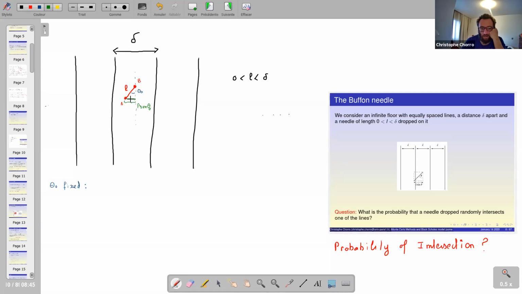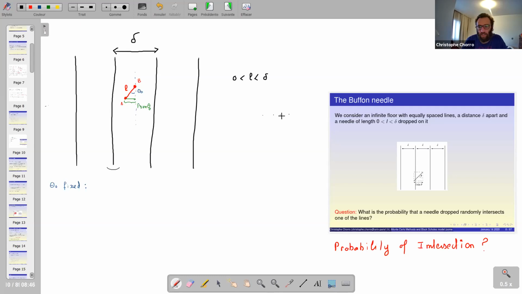Since my floor is infinite, the problem of the intersection in this situation can be reduced to the problem of the intersection of this line with the needle, because you have a symmetry in the problem. You are always in this situation. So if my needle is here, my problem will be just how to intersect this line. What is the probability?